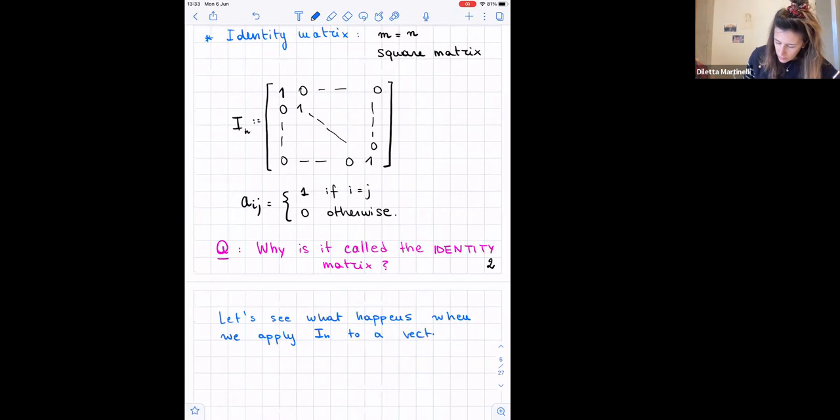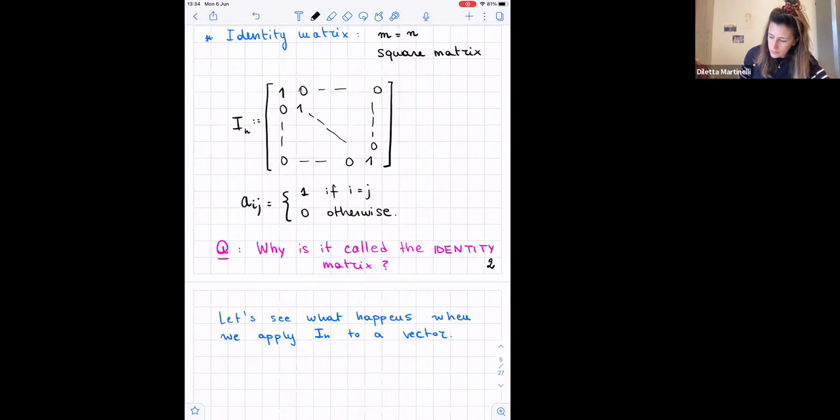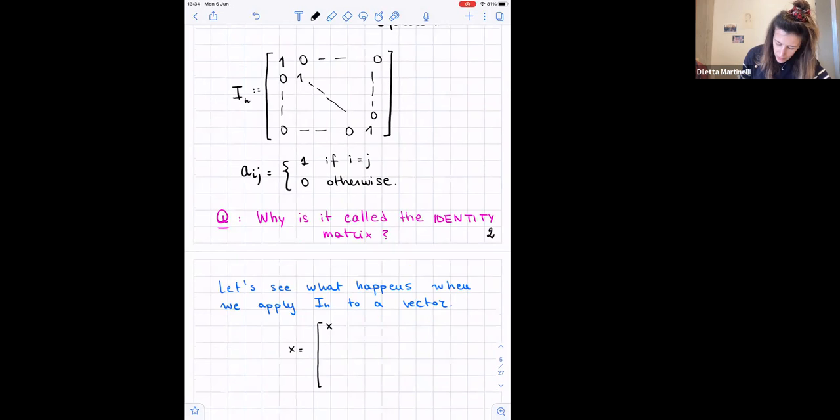At the end of the last lecture, we saw that matrices represent operators on vectors. Let's see what happens to understand why it is called the identity matrix. Let's take a vector x in R^n. Let's say that it has n entries, x1 to xn, where each entry is a real number. So this is an element of R to the n.